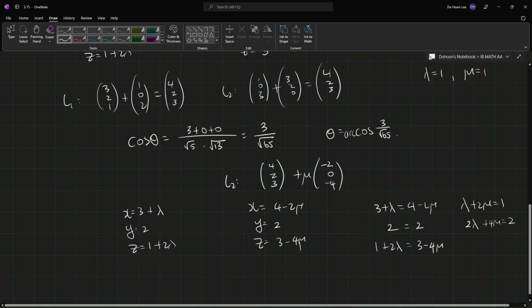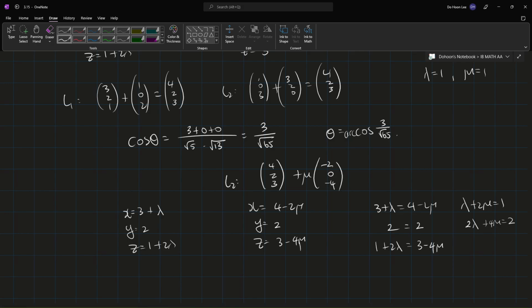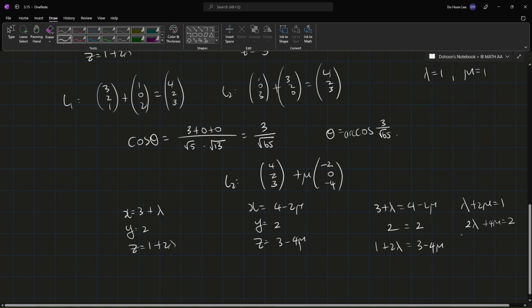What do you notice from here? When we simplify the equations, all the equations become the same. We only have one equation left because the second equation, if I divide the coefficients by 2, just becomes lambda plus 2 mu equals 1, which is the same as the first equation.